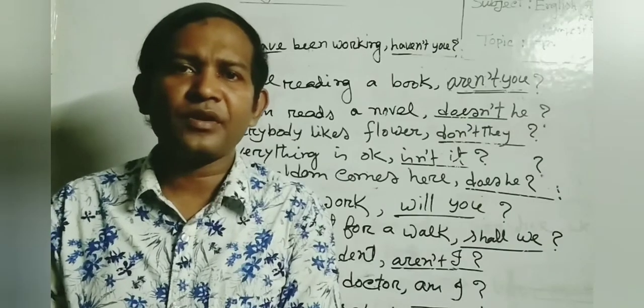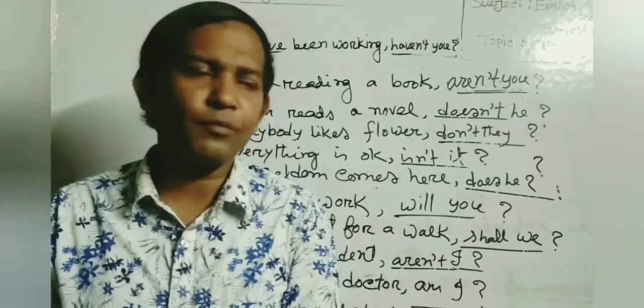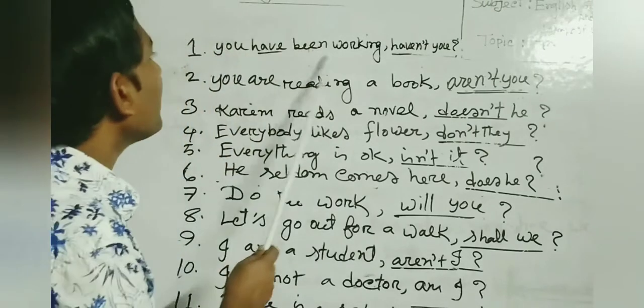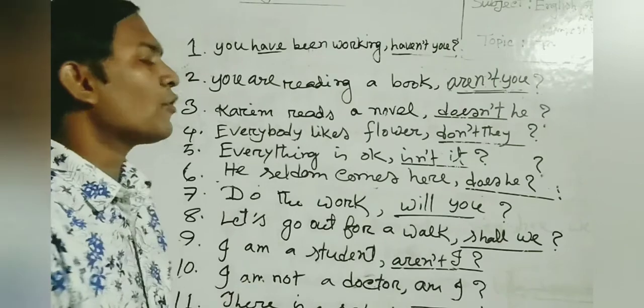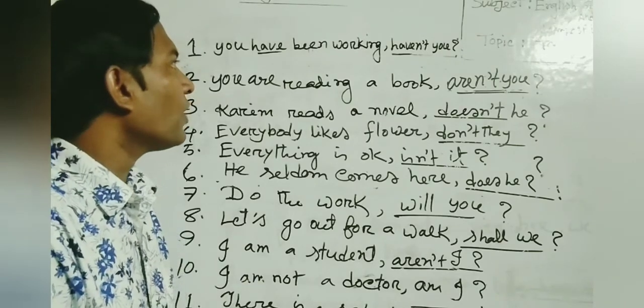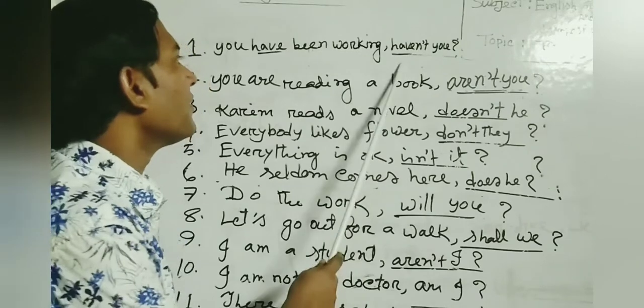Dear students, tag questions are made using an auxiliary verb. For example, you have been walking, haven't you? In this sentence, the word have is an auxiliary verb, so we use have in the tag question. The answer will be haven't you.